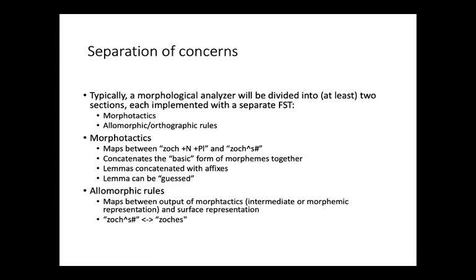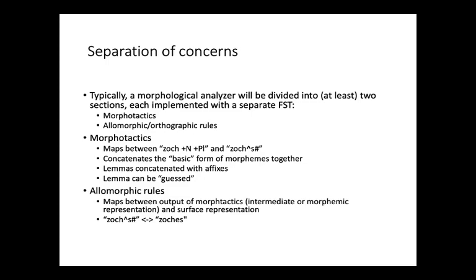There are also allomorphic rules or orthographic rules. And these map between the output of the morphotactic FST, the intermediate or morphemic representation, and the surface representation. So this is what gets you from zoch, morpheme boundary S, word boundary, to zoches, Z-O-C-H-E-S.